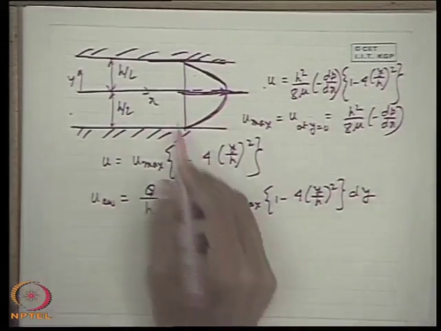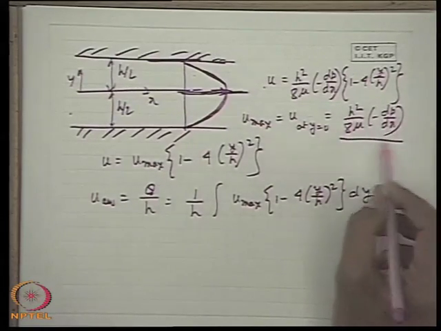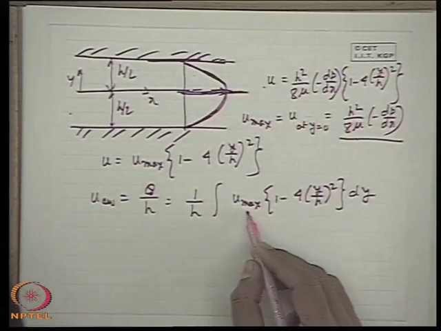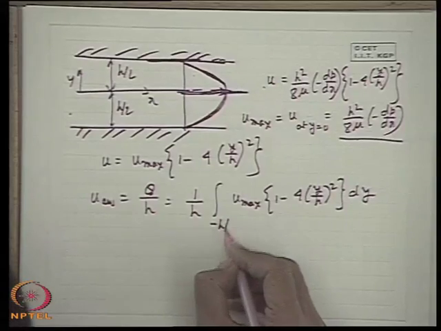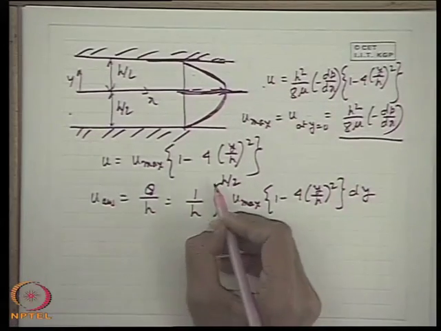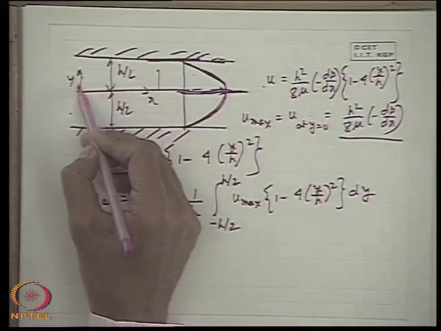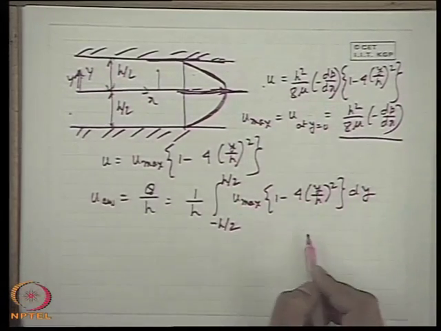U max is constant, it is not a function of y. It is h square by 8 mu minus dp dx, which is a typical pressure gradient combined with h square by 8 mu. So, u max has the unit of velocity. It is integrated from minus h by 2 to plus h by 2, because the axis is here. So, y is measured in this direction, and minus h by 2 to plus h by 2 covers the entire flow regime.